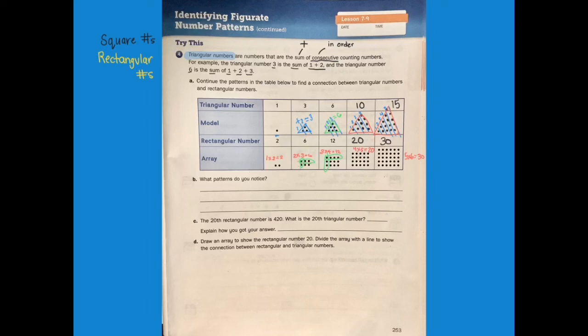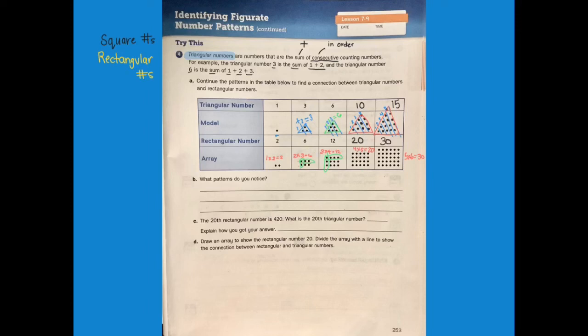Well, if we know that the triangular number is half of the rectangular number, how could you draw a line to show that connection? I'm going to leave that up to you guys. You're going to have to play with that and see if you can draw a line through a rectangular number and show its triangular model. Give it a try, okay?